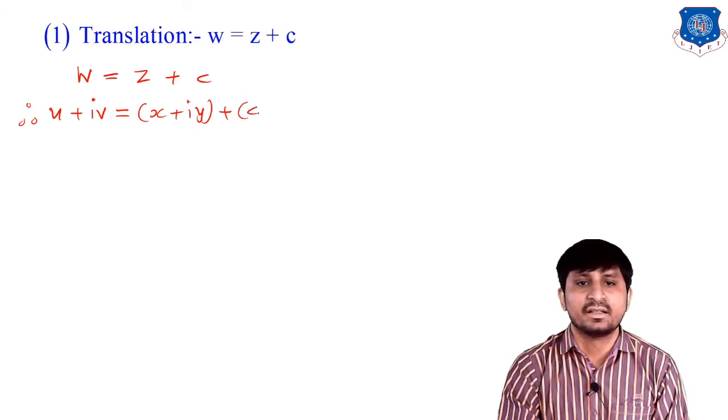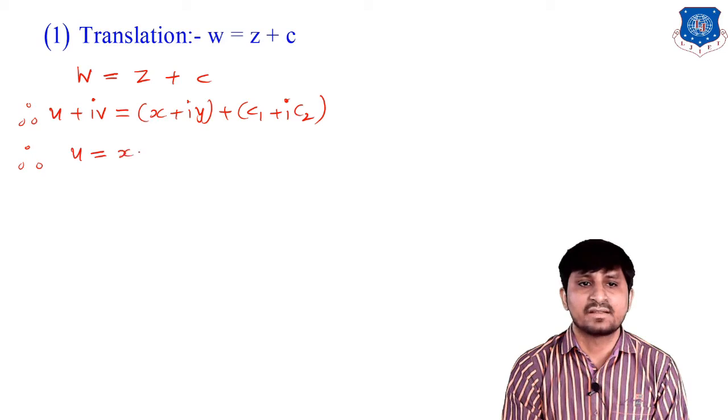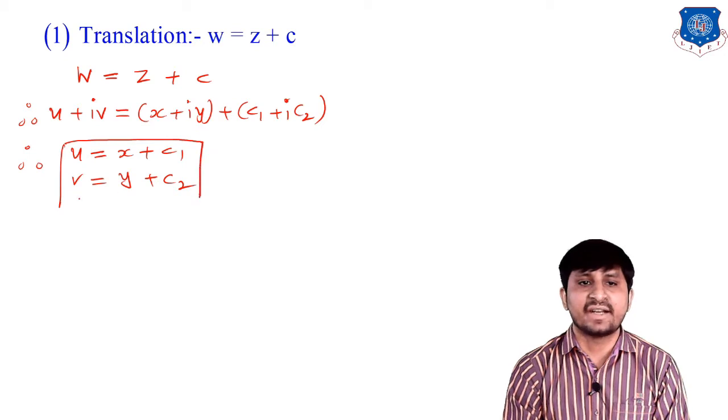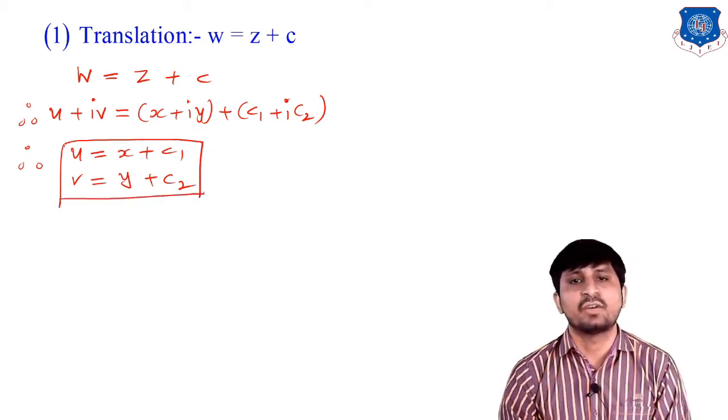We are taking c1 plus ic2, where c is a complex constant. Now u is equal to x plus c1 and v is equal to y plus c2. You can easily understand. So corresponding to x and y, we can easily find u and v, and from u and v we can easily find our figure.